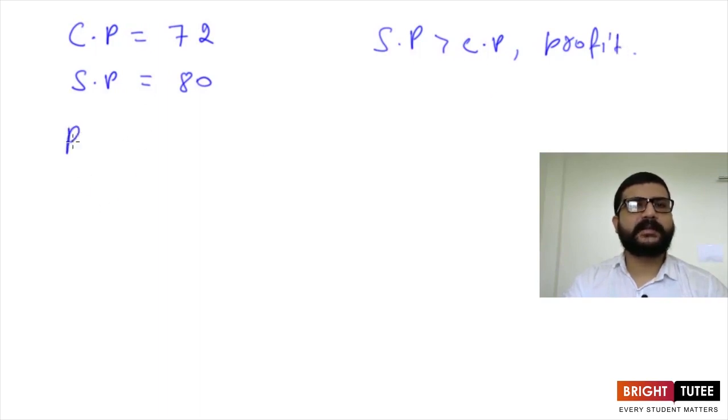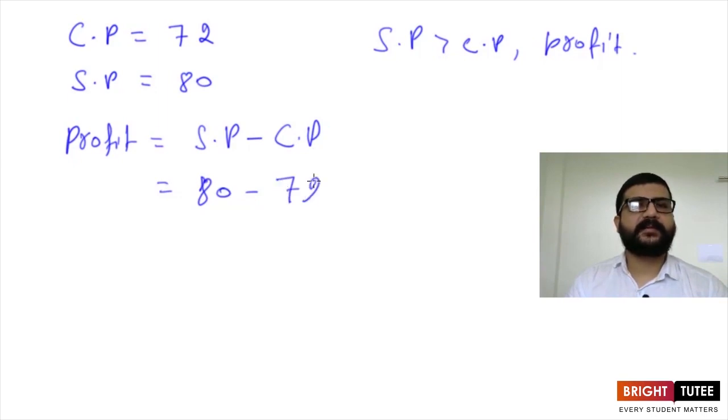Now how much is the profit here? How can we find that? We have seen that profit is equal to SP minus CP. Now SP is 80 here. So this becomes 80 minus CP, that is 72. So this is equal to rupees 8. So it means profit amount is rupees 8.